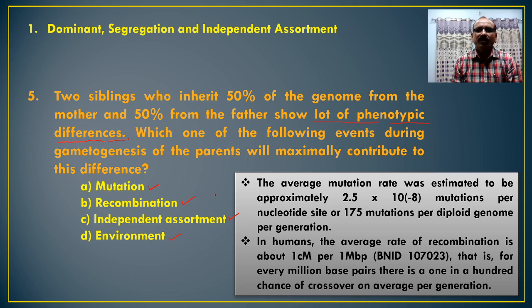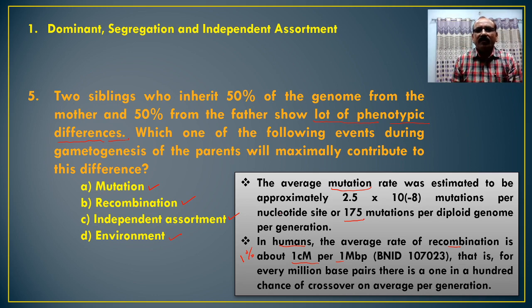But the rate of mutation is very low, hardly 175 mutations per diploid genome. Even in human beings the recombination rate is very low, hardly 1 centimorgan per 100 Mbp. It indicates that the possibility of recombination is only 1%.